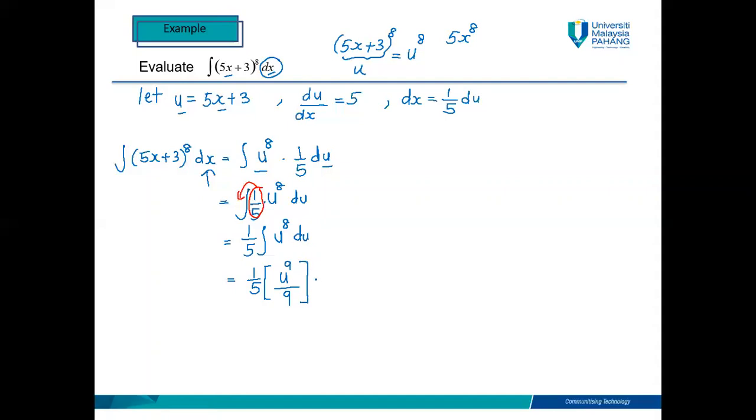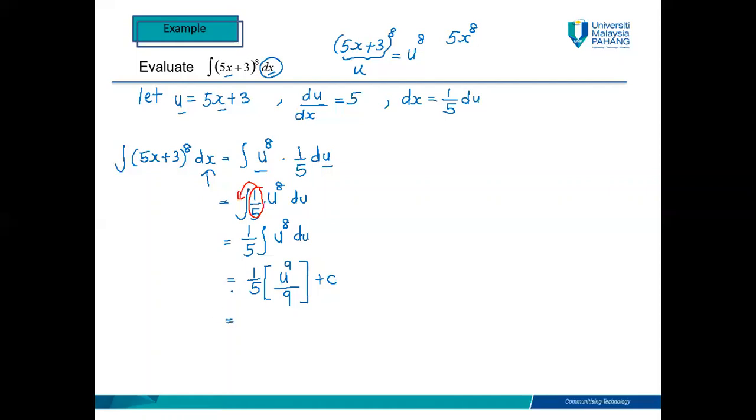And then you have to plus c constant, right? Sebab apa? Sebab kalau you differentiate constant, you akan dapat 0. So bila you integrate, kalau you tak plus c, so tak ada lah constant tu tadi. Okay, so that's why you have to put c. So c ni adalah constant lah.